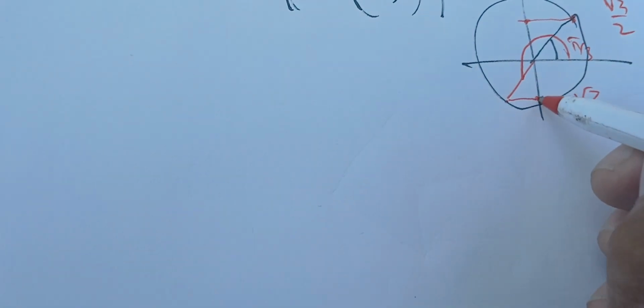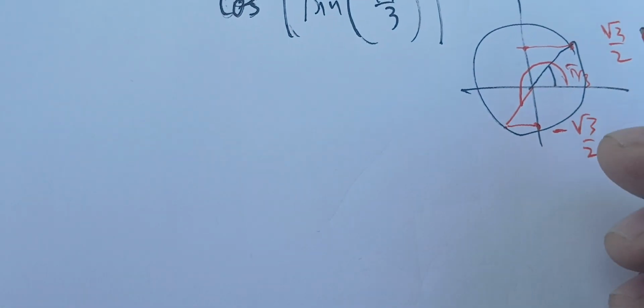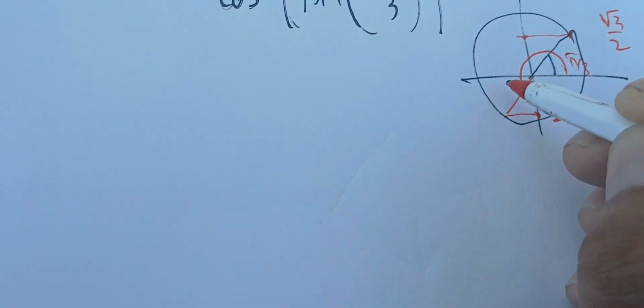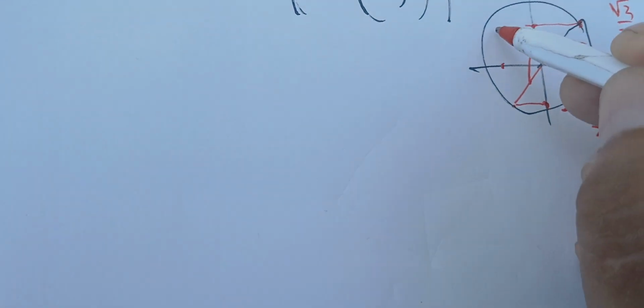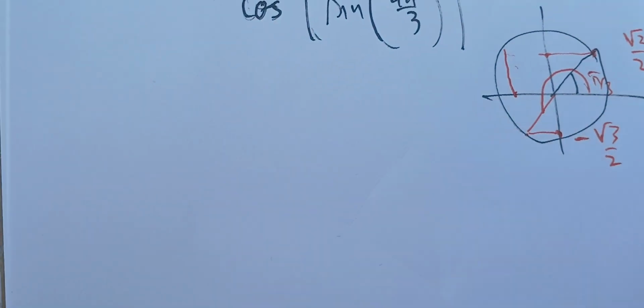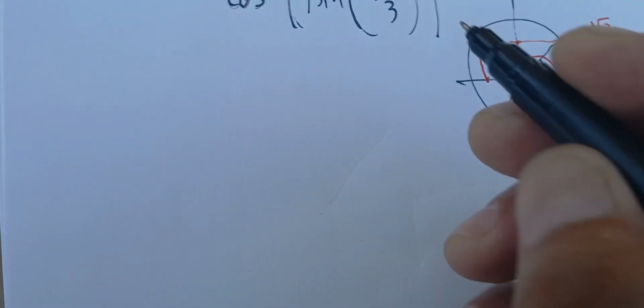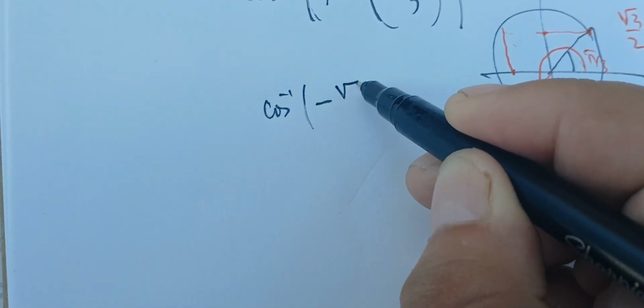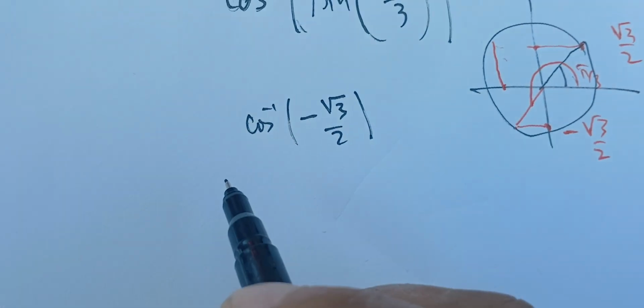It's this value. Since we want to evaluate the cosine inverse, we shift this one here, the minus square root of 3 over 2. Therefore our problem is to find the cos inverse of minus square root of 3 over 2.